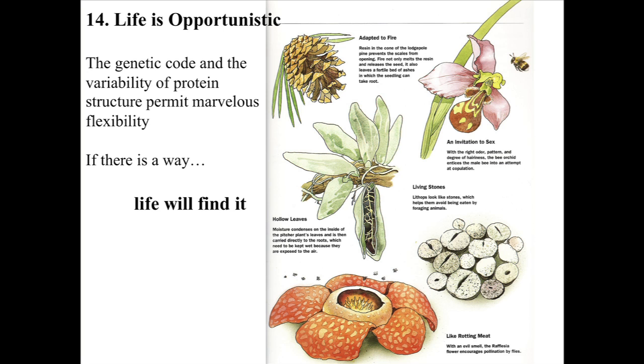Or the example of this bee orchid that mimics a female bee in both color and in its scent, enticing a male bee to have sex with the flower and pass on pollen from one flower to another.